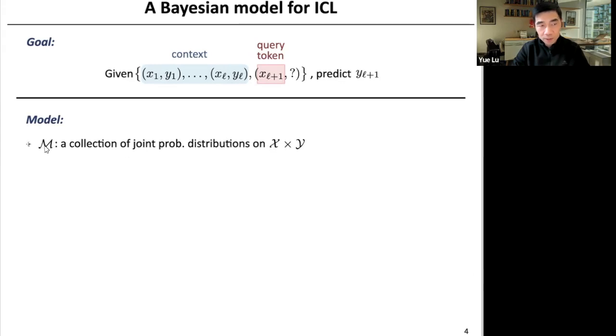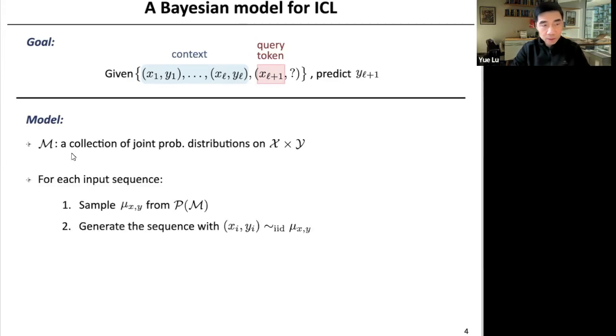So we use a calligraphic M to represent the collection of joint probability measures. Then for each such input sequence, we sample from a probability distribution over this collection of joint measures. That means we sample mu, which itself is a joint probability distribution on x and y, from this probability distribution P on the set M, okay?